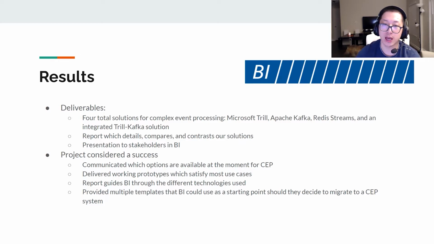Overall, our project is considered a success, since all 4 prototypes are properly developed and satisfy most use cases. We communicated which options are available at the moment for complex event processing and provided templates that BI could use as a starting point for the migration to a complex event processing system. Thank you.